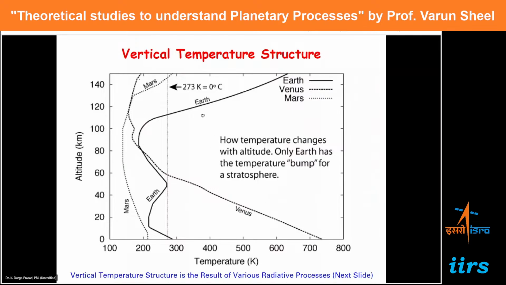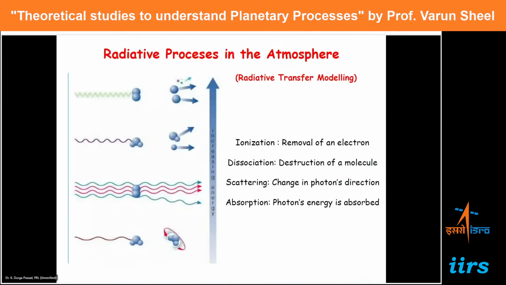The basic reason for this kind of structure for different planets is the radiative processes involved, because they do not have the same composition. The composition of Earth is different from Mars and different from Venus. Depending on how the solar radiation interacts with the atmospheric species, this thermal structure changes. We look into it in a little more detail in the next slide.